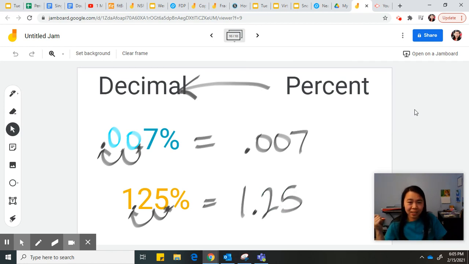Okay? So that's it. Doesn't matter if there's 1 number, 2 numbers, 3 numbers, 3 digits. Okay? If there's zeros, always jump twice. The most common mistake is the number of jumps. You always need to jump twice and which direction you're going. If we're doing decimal to percent, you're going to the right. If it's percent to decimal, you're going to the left. Okay? 2 hops. All right, that's all I have for you.